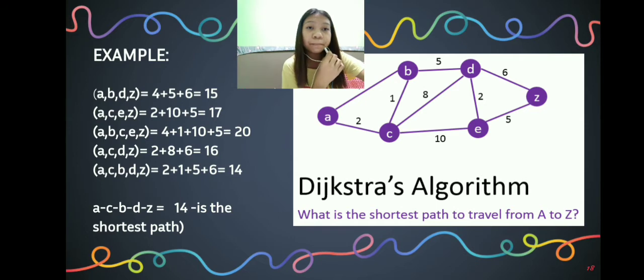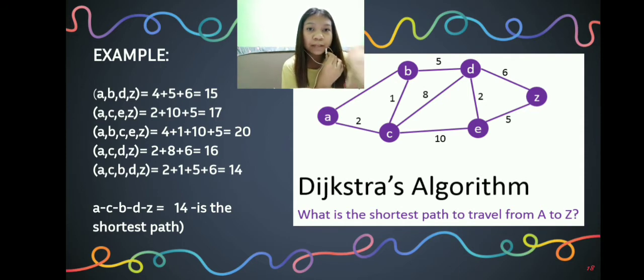So remember that we're trying different paths just to find the shortest one, the smallest number as a result.